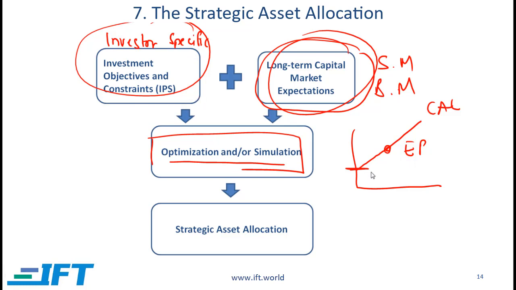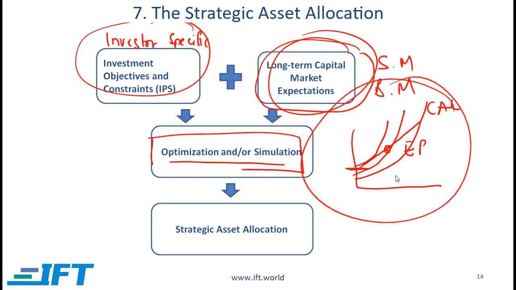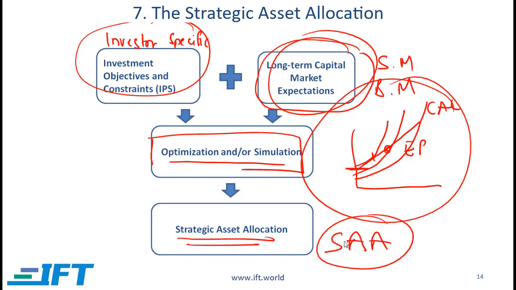The IPS essentially defines the indifference curves for our investor. We combine this to define the optimal allocation across different asset classes, and that optimal allocation is called the strategic asset allocation, or the SAA.